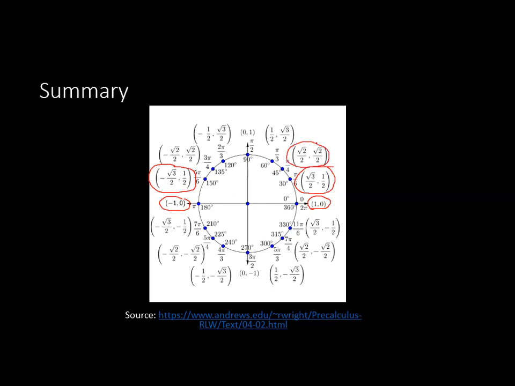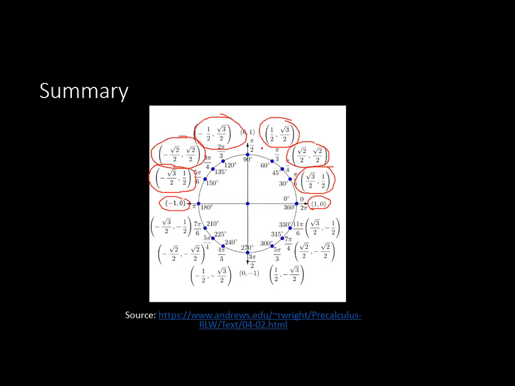We have square root of 2 all over 2, square root of 2 all over 2, and on the left side they also have square root of 2 all over 2, square root of 2 all over 2. But again, in the second quadrant the x coordinates are negative. And lastly, 1/2, square root of 3 all over 2, we also have 1/2, square root of 3 all over 2. So you see what I mean? They're like mirrors.